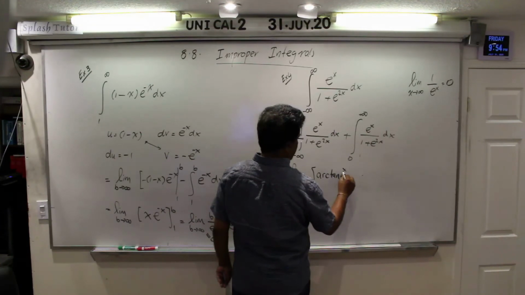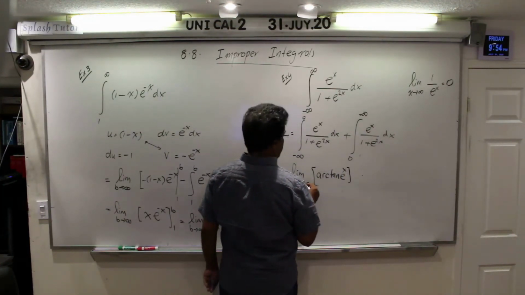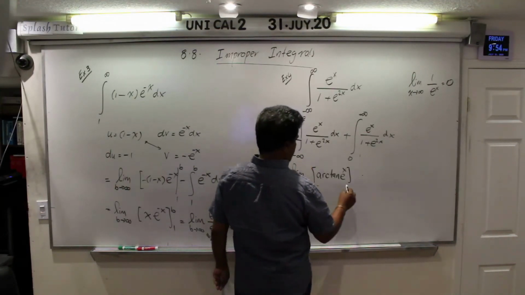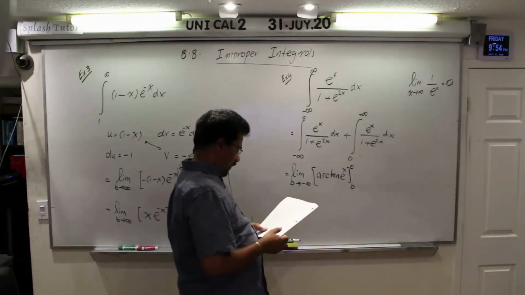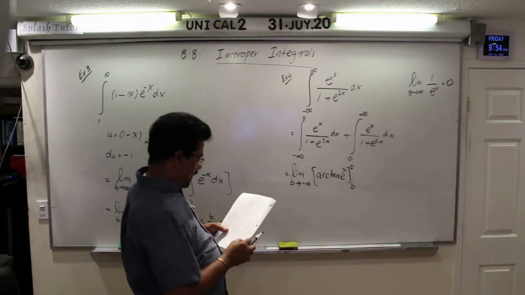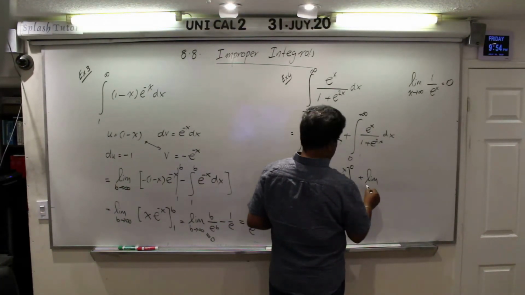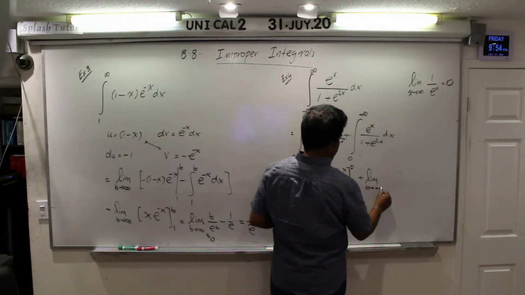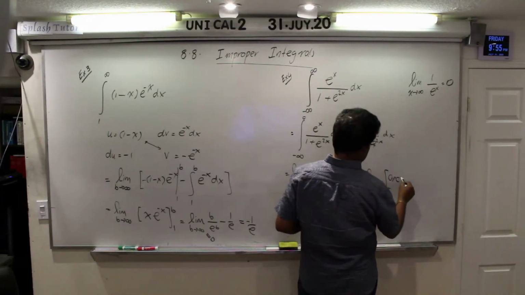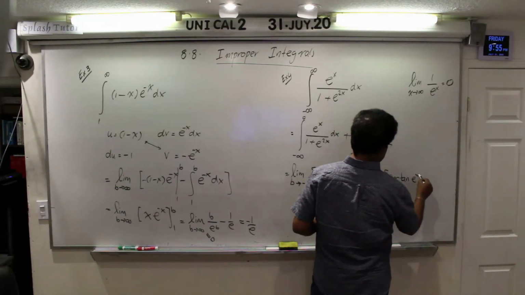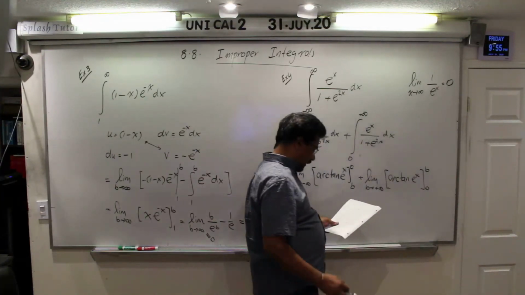That is exactly arctan e to the power x from b to 0, right? That's the first one, plus the limit as b goes to plus infinity. Now this again is arctan e to the power x from 0 to b, right?